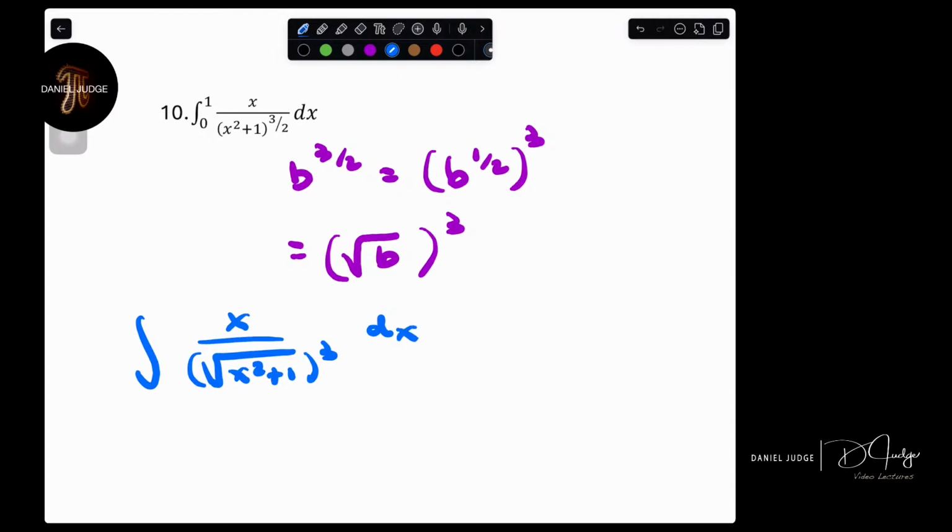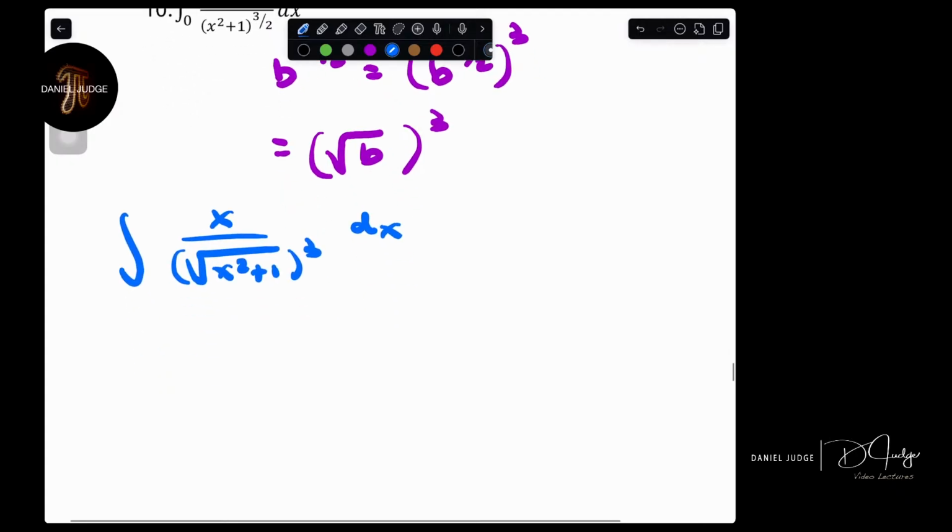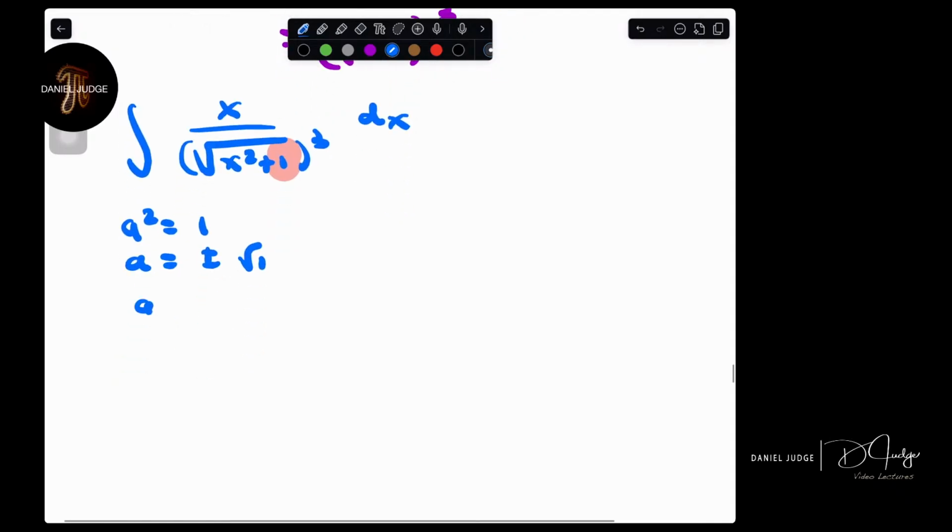Okay. So in this example now, again, if we focus on this 1, which will be a squared, so we've been saying, a squared is 1, which means a will be plus or minus the square root of 1. A is plus or minus 1, or a is positive 1.